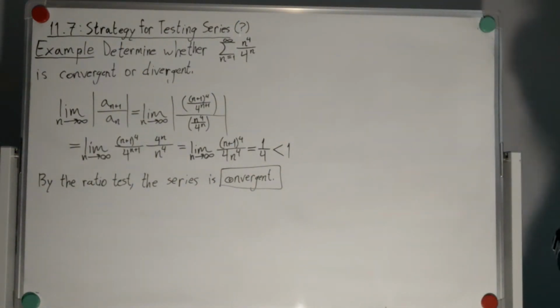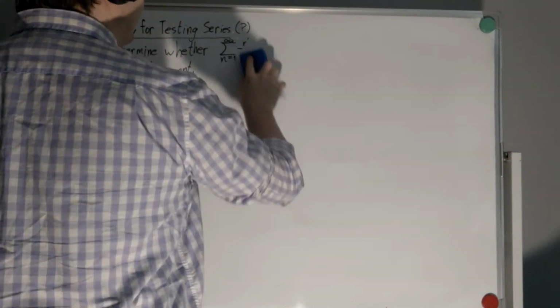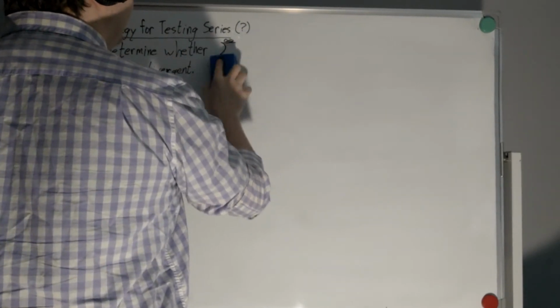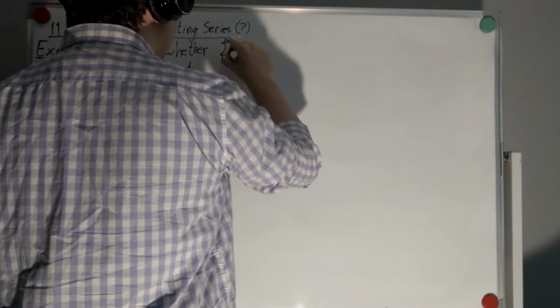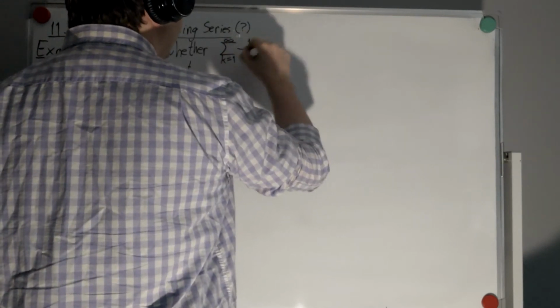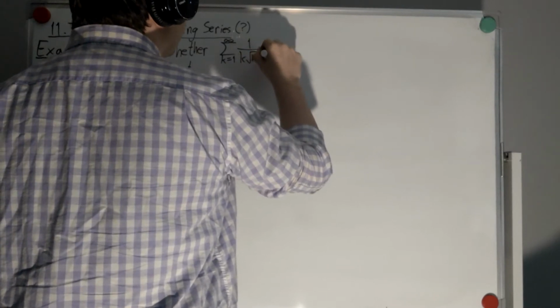Next up we have 1 over k times the square root of k squared plus 1. So, the sum from k equals 1 to infinity of 1 divided by k times the square root of k squared plus 1.